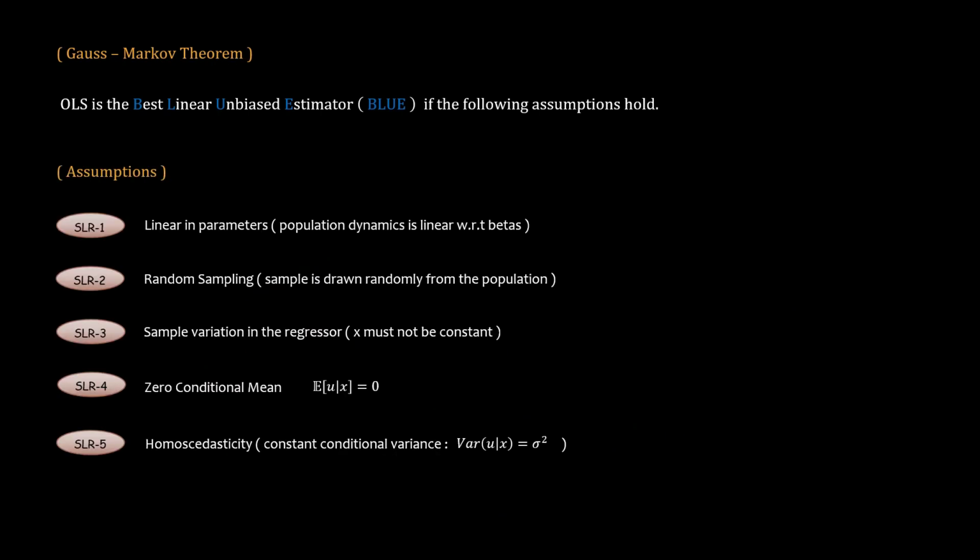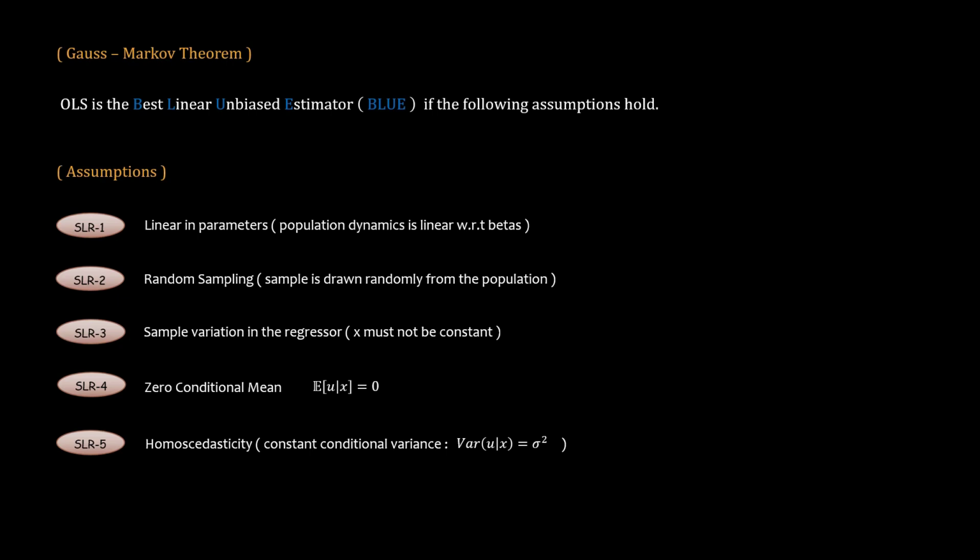Note that only the first 4 assumptions are needed to prove that the OLS estimator is unbiased. We use the 5th assumption to derive the variance of the OLS estimates. So we have the mean and the variance of the OLS estimator, but we don't know the type of distribution it follows.